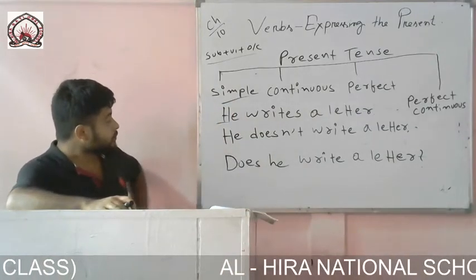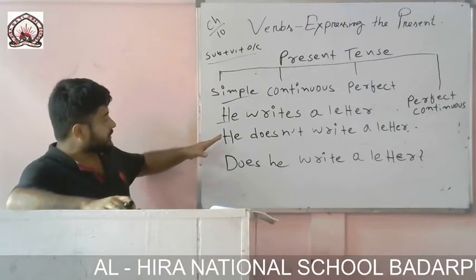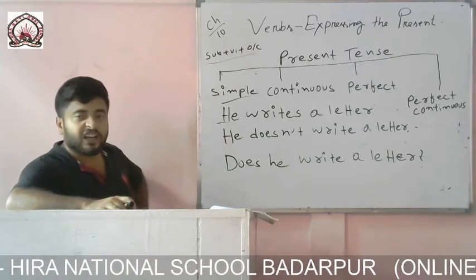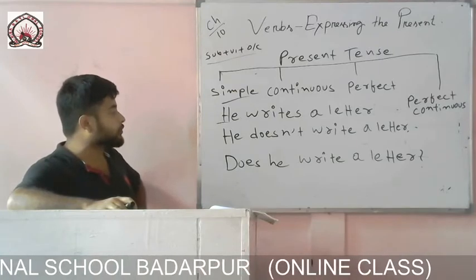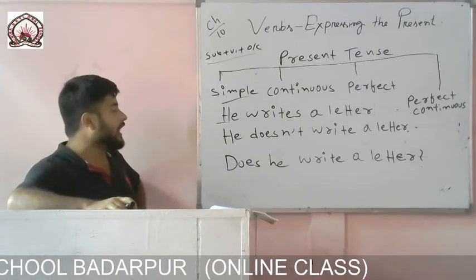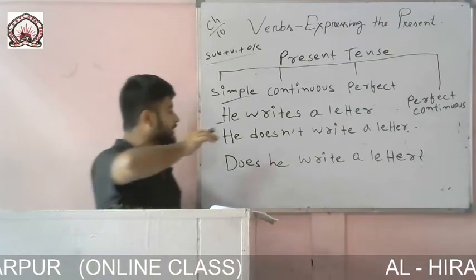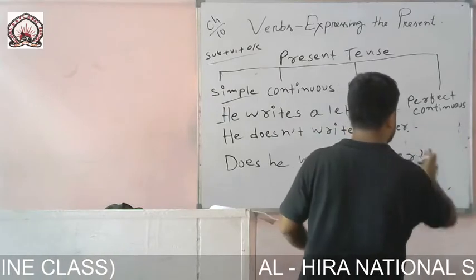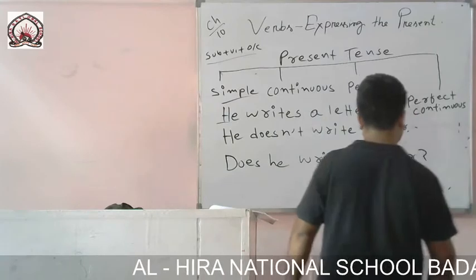Now always remember that if the subject is first person, second person or third person plural, then we have to use do. If it is third person singular, we have to use does. And remember that in interrogative and interrogative negative, since interrogative is a question, we have to put a question mark at the end.